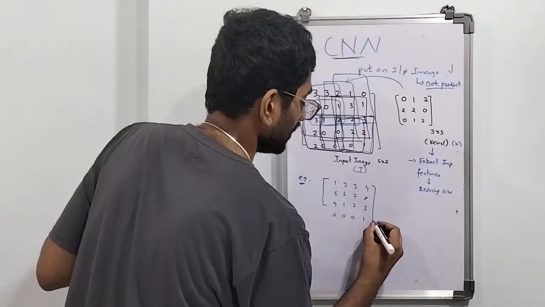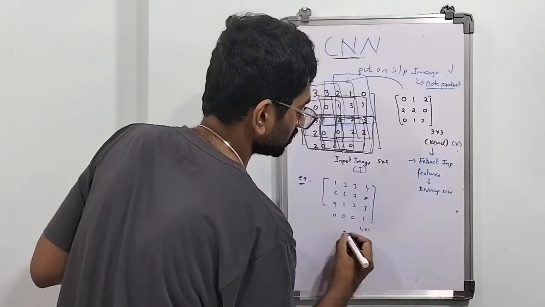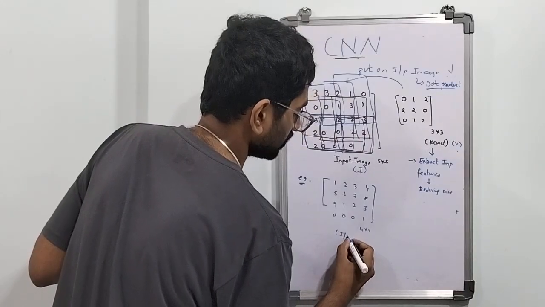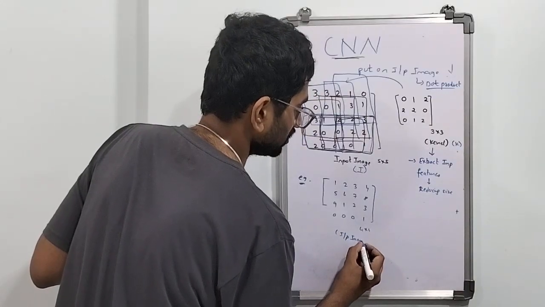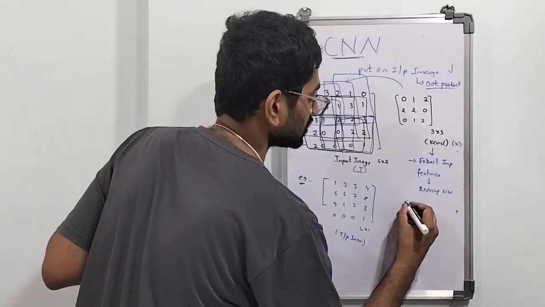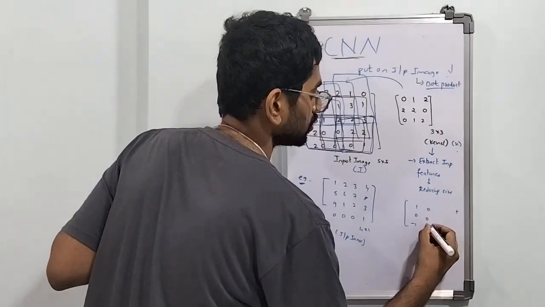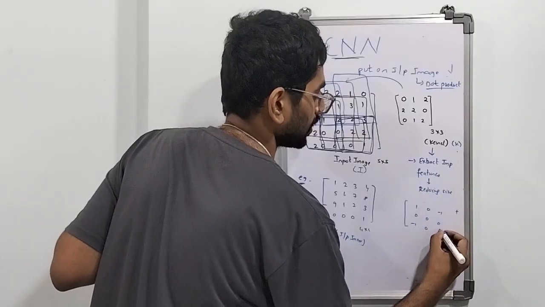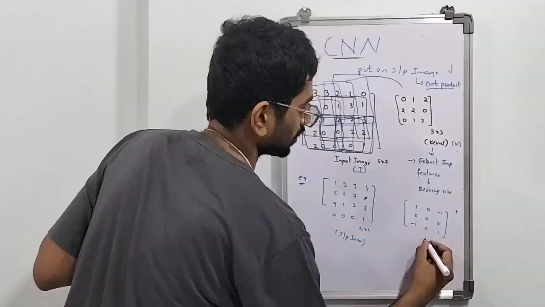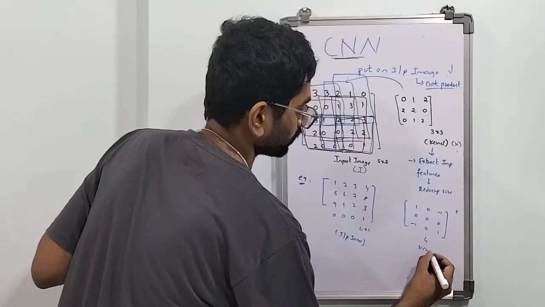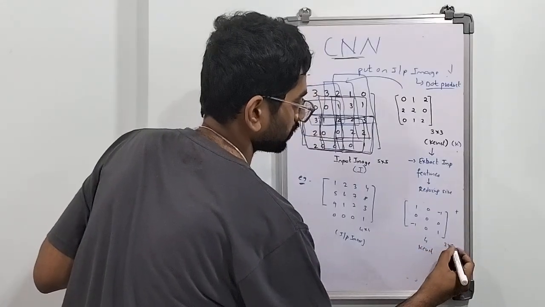Let's say this is the input image you got. And using the kernel as, let's say, 1 0 minus 1 0 0 0 minus 1 0 1. This is the 3 cross 3 kernel that you are using.